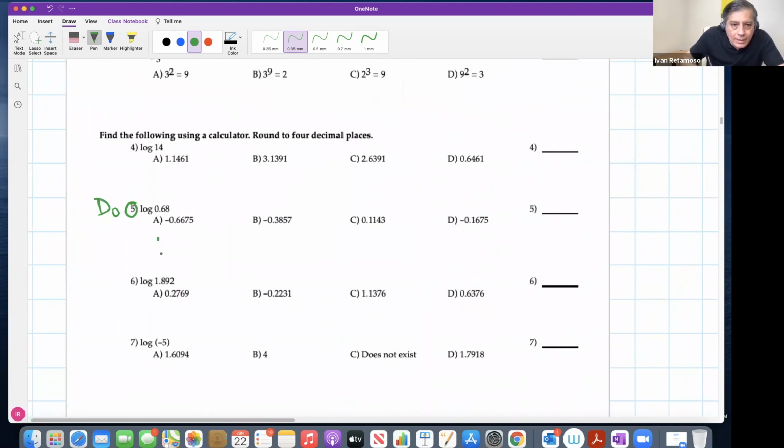What should be log of 0.68? Professor, I don't see the base. Remember, guys, if you don't see the base, it's an invisible 10, right? Invisible 10. So I'm going to write it using this continuous line, the 10, because it's understood.